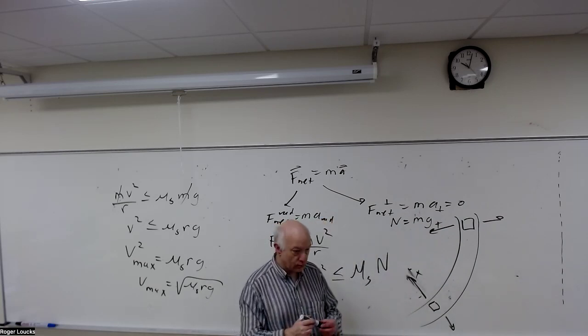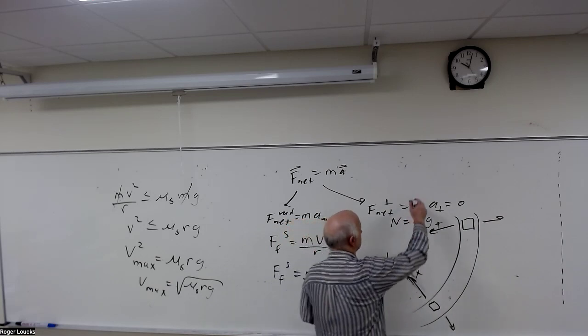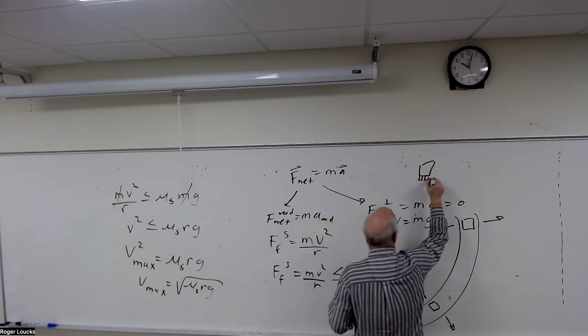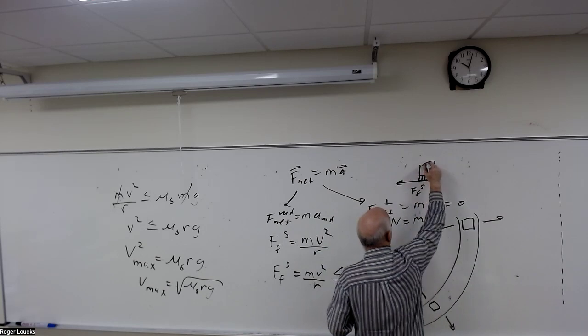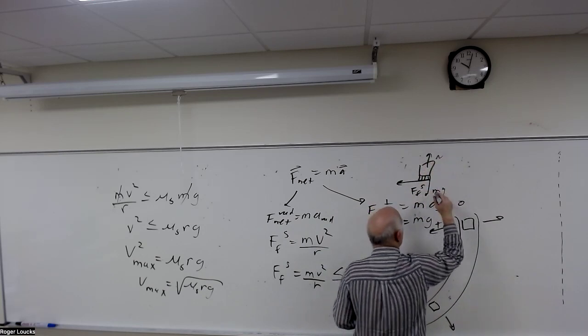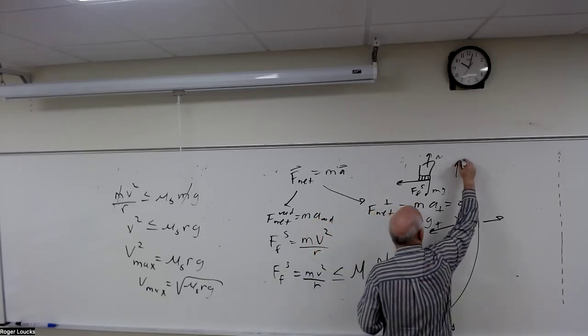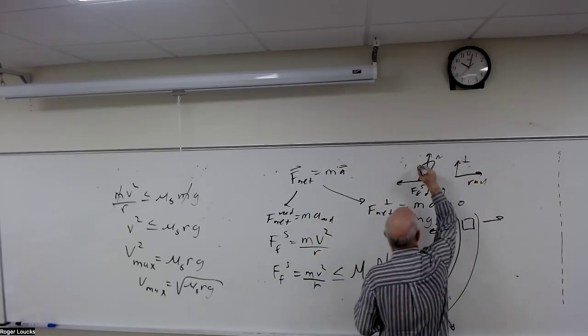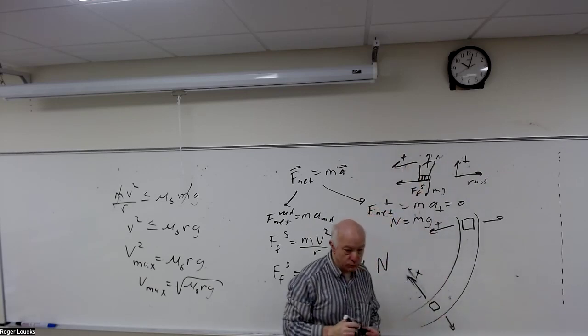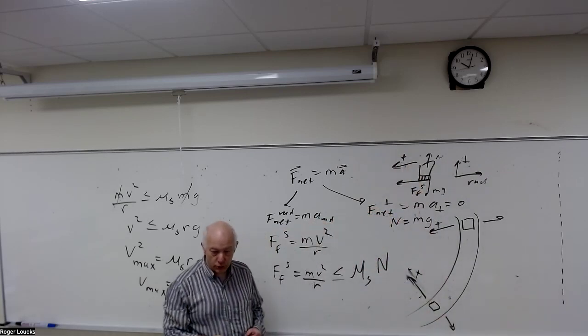For the top view, in the top view here, we had our static frictional force here, and our normal, and our mg. What's our radial direction here? Here's perpendicular, here's radial, and so this right here is the radial direction.